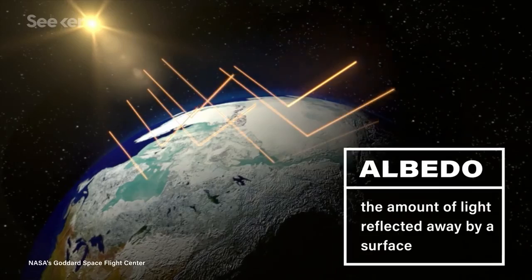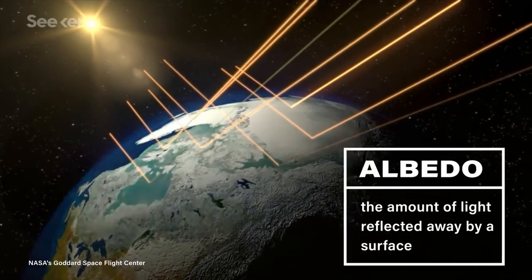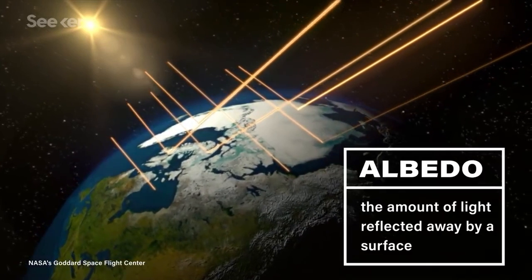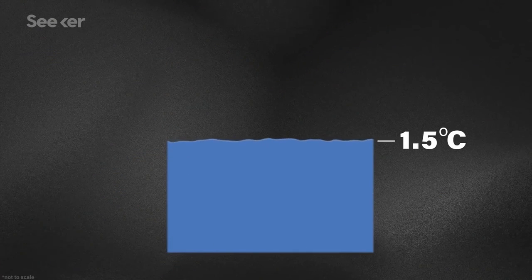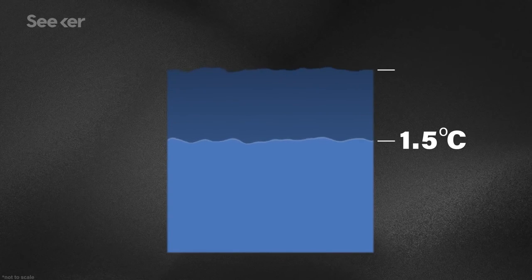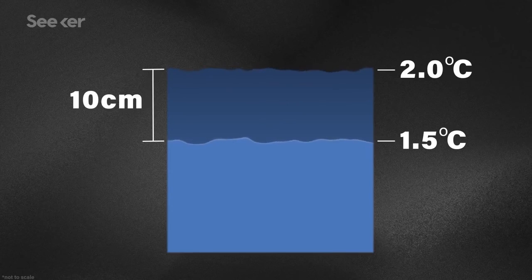Why? Because the albedo is affected and will decrease drastically. Similarly, at 1.5 degrees centigrade the sea level rise is less than or equal to 77 centimeters, and at 2 degrees centigrade there is a 10 centimeter further increase, for just 0.5 degree.